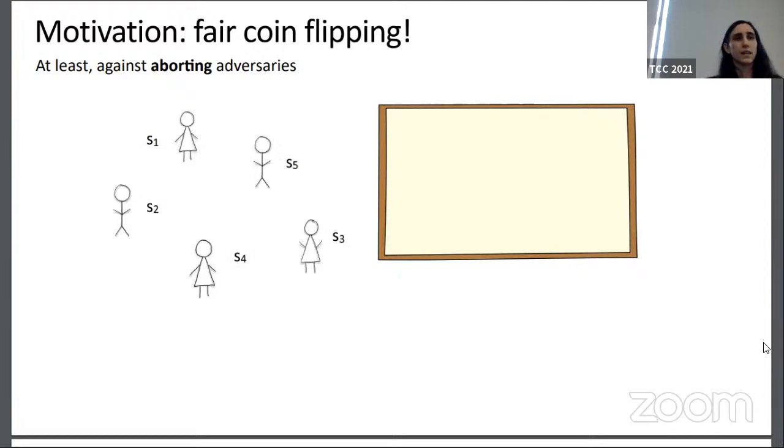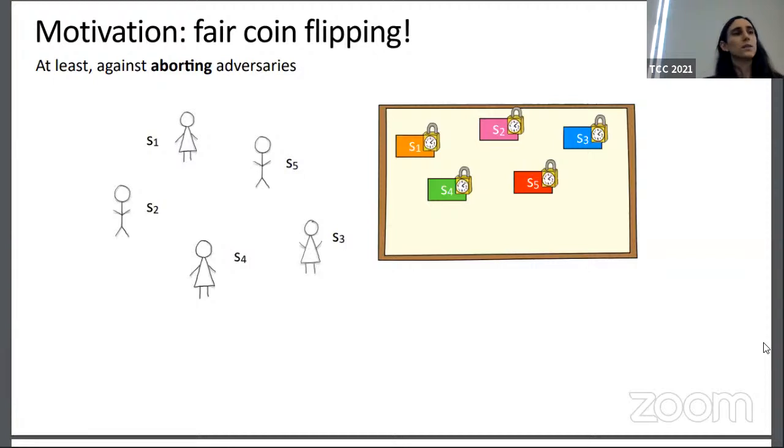First, they each sample a uniformly random value. They commit to their values using a time lock puzzle and post the puzzle on the bulletin board. When all the puzzles have been posted, they can open their values and then just set the output to the XOR. So this is just commit and reveal, but using time lock puzzles instead of commitments.